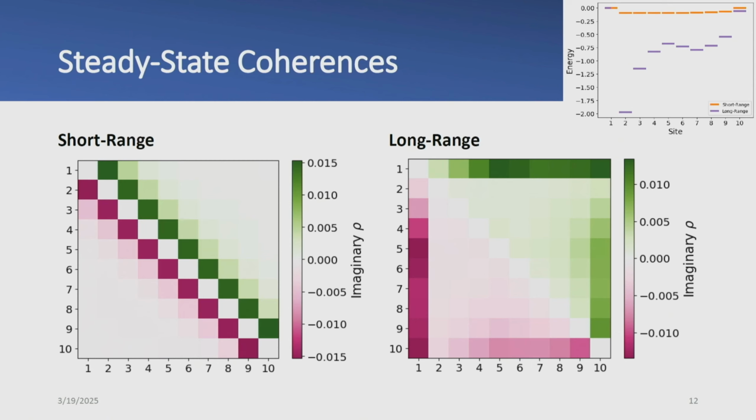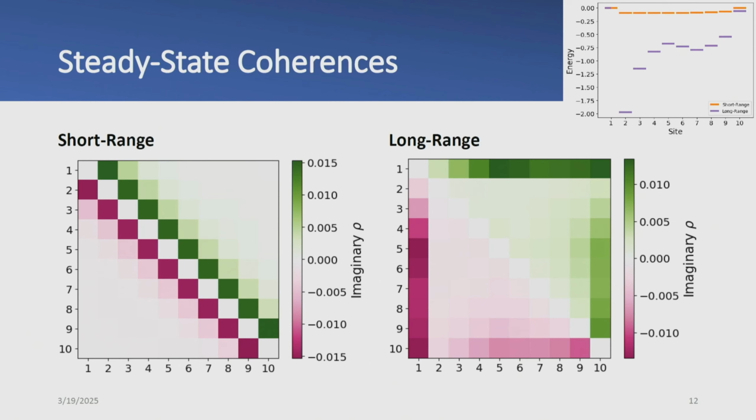There's also generally stronger coherences in the second half of the system with site 1 versus the first half, like sites 6 to 10 have stronger coherences than sites 2 to 4 with site 1. If I look at site 10 as well, there's a strong coherence with the first site and also with the last site, and it increases as you approach site 10.